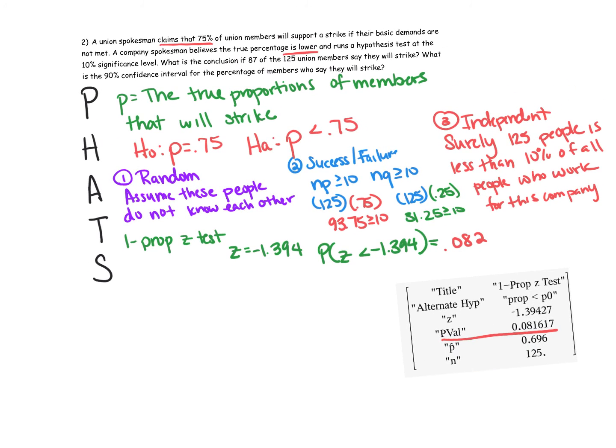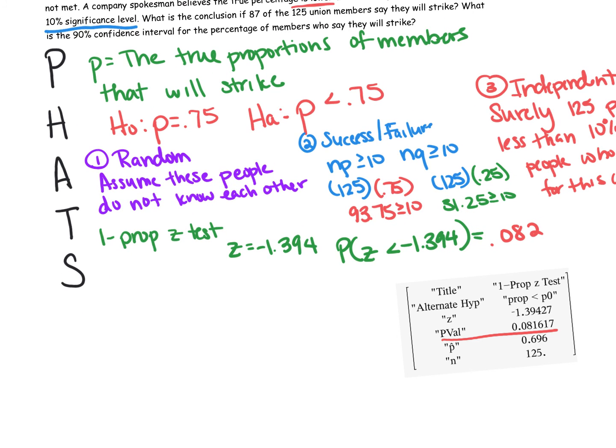So the last step now that I have this is to test this at the significance level that I've been given. Here, I'm running a hypothesis test at the 10% significance level. So to run this at the 10% significance level, I take that 0.082, the p-value, and I compare it to my alpha value. Well, that is going to be less than 0.10.